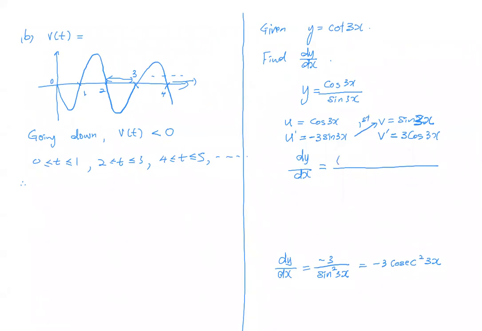Minus sine 3x, and sine 3x, minus cos 3x, 3 cos 3x, by sine 3x whole square.